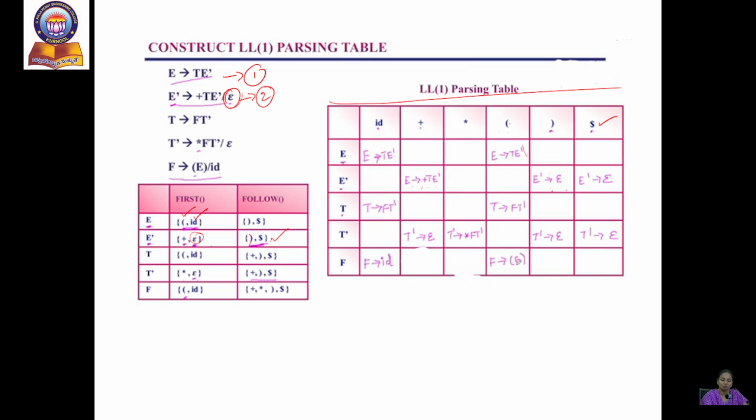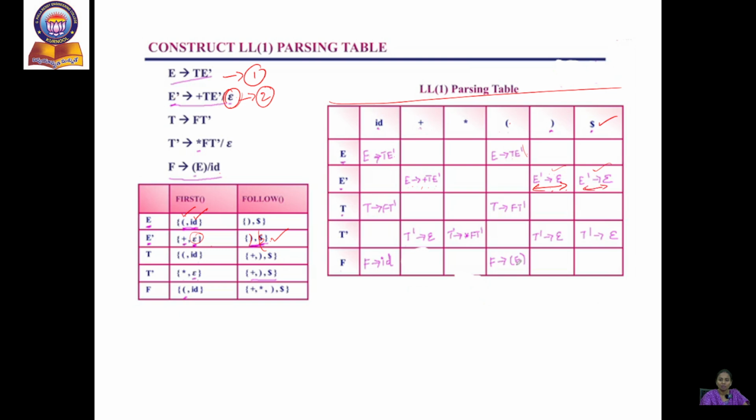Why? Because closing bracket and dollar are both in the follow function of E dash. So in these two boxes we have to write E dash derives epsilon. Here you have to remember that whenever you have an epsilon, that production should be written as E dash derives epsilon.